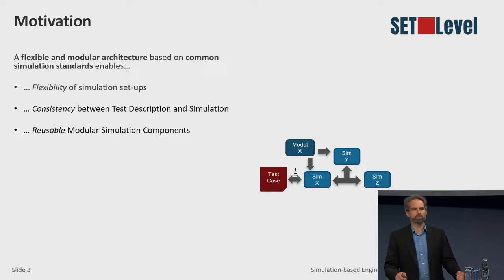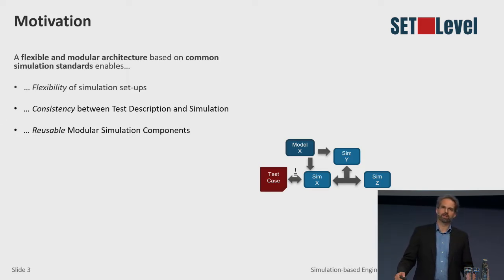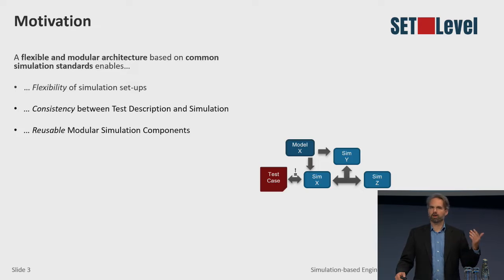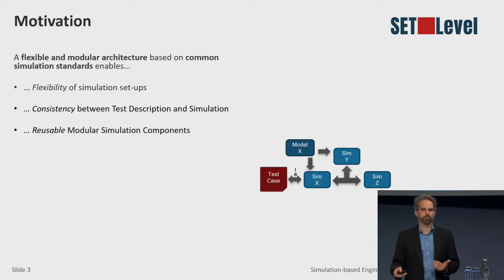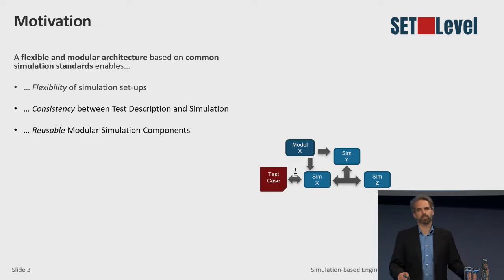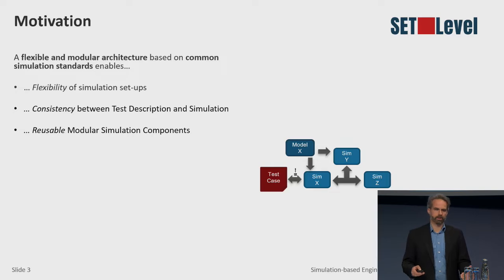Furthermore, you want to reuse elements of the simulation as easily as possible within different contexts. You don't want to develop a specific type of model over and over again just because you have a different simulation task to solve. So reusability is a really big motivation for spending attention on simulation architecture from the beginning.